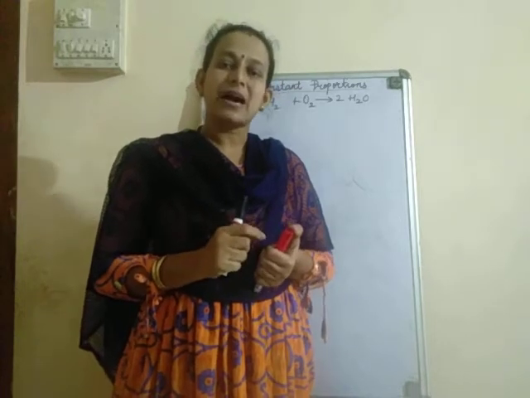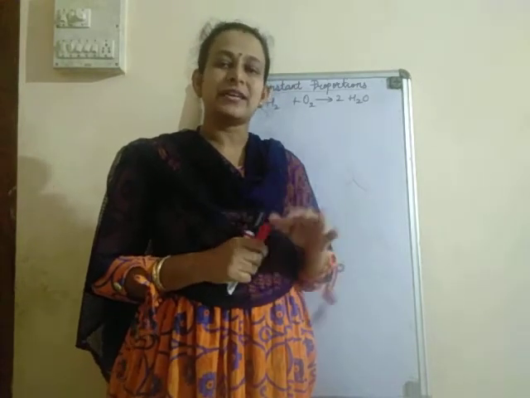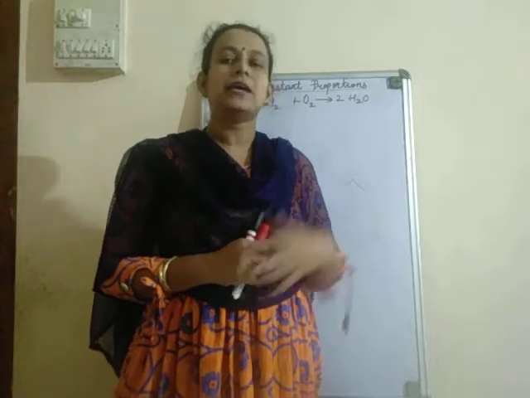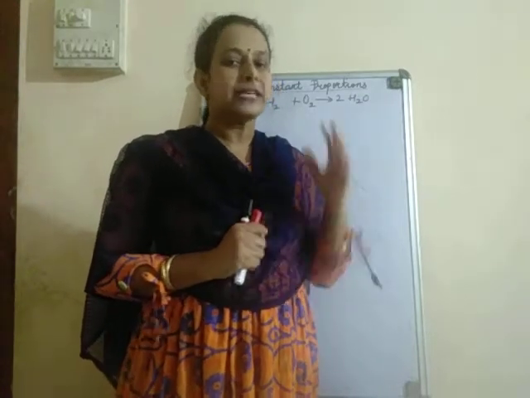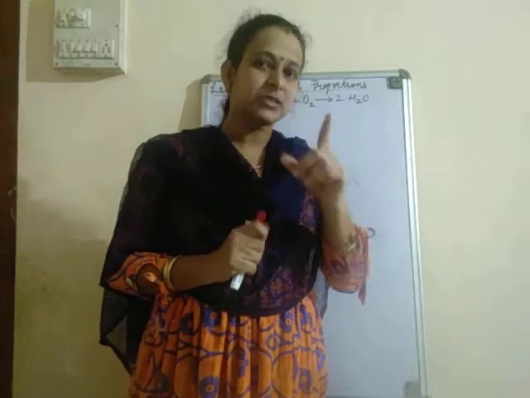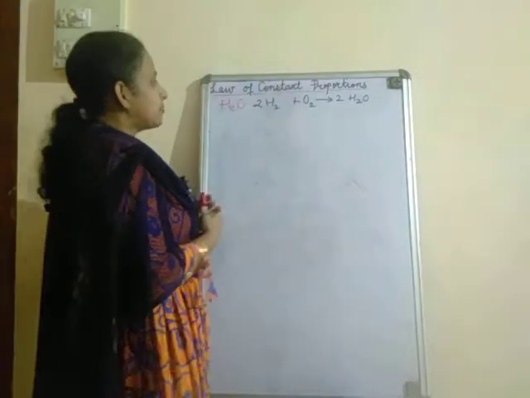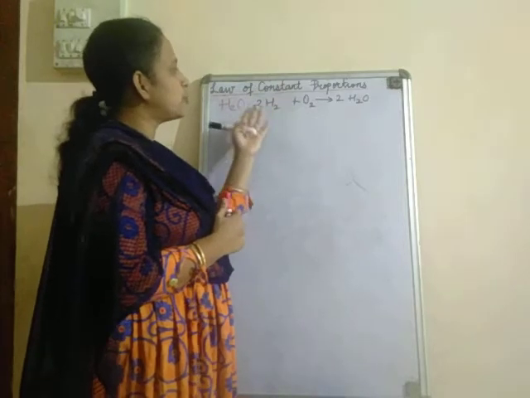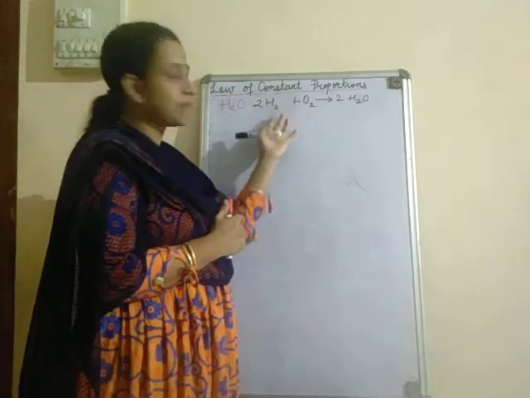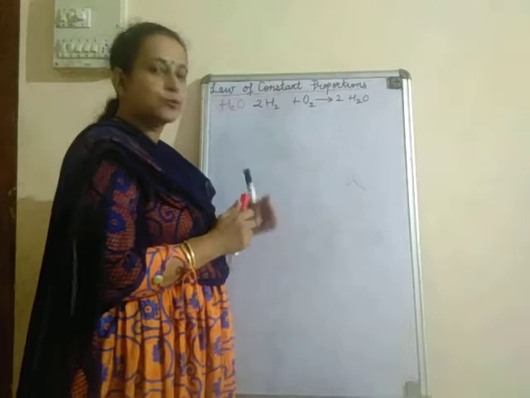Now students, remember that we have already learned in standard 8 about atomic masses. The atomic mass of hydrogen is 1, because it has only 1 proton and does not have a neutron in its nucleus. Why do we have to calculate the mass? Because we have to know whether the masses combine in a constant proportion or not.